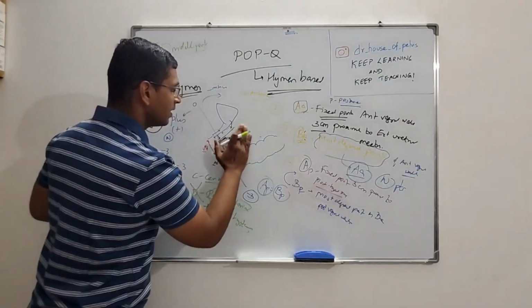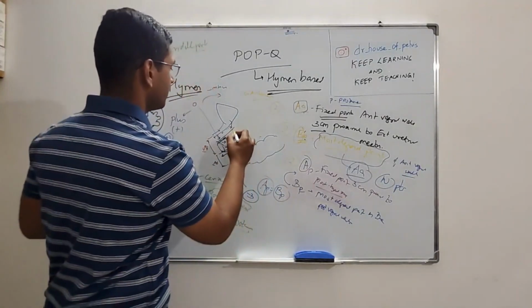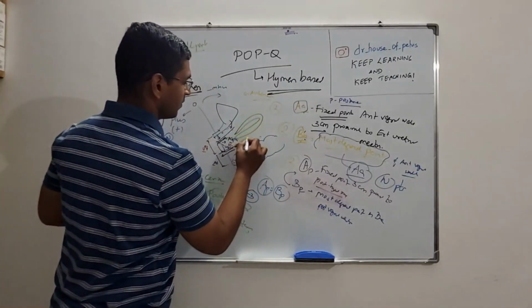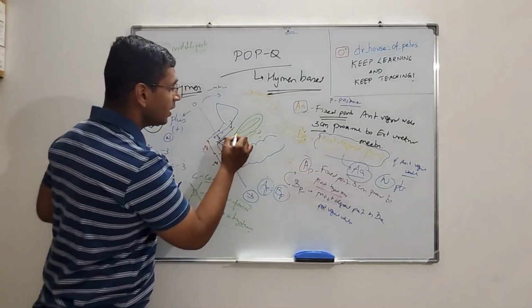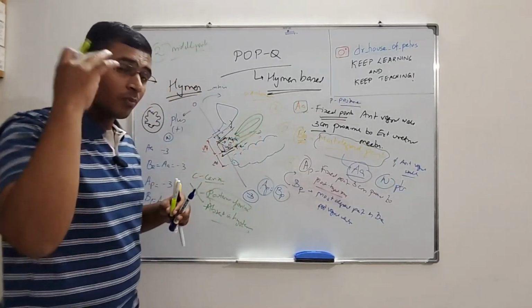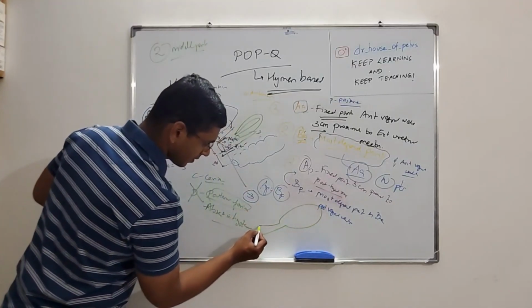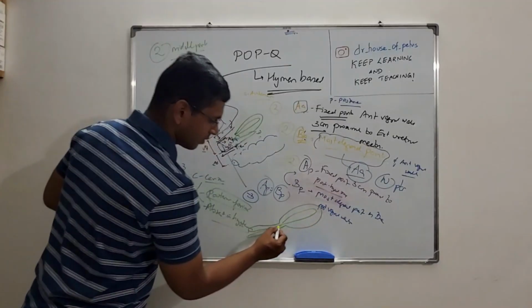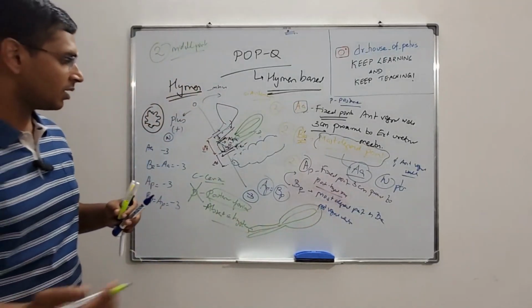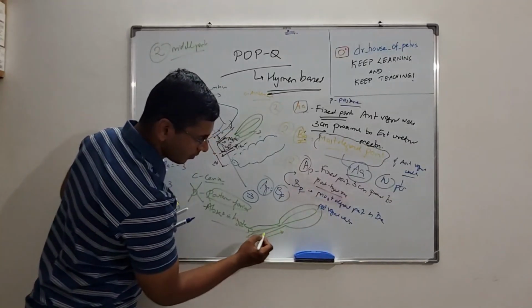But if there is isolated point C descent, point D is still here, and only point C is coming down. The most common cause, see in this condition, usually you will see nulliparous women coming with something coming out of vagina. So if this condition happens, what is this part?